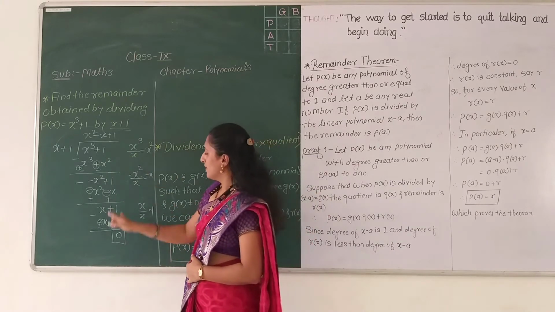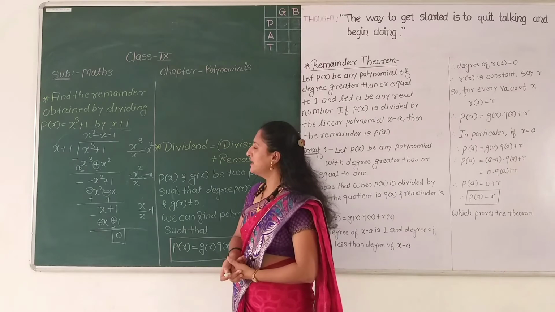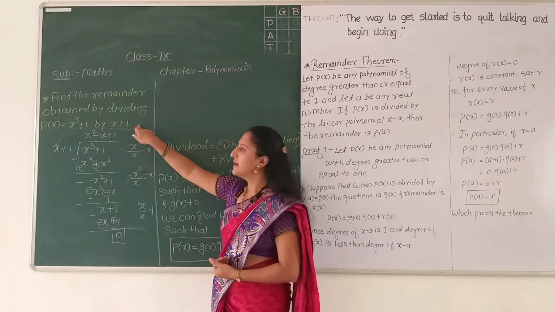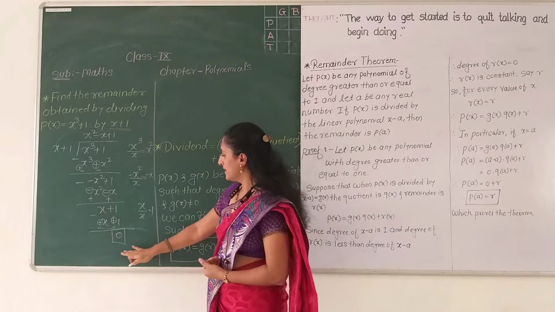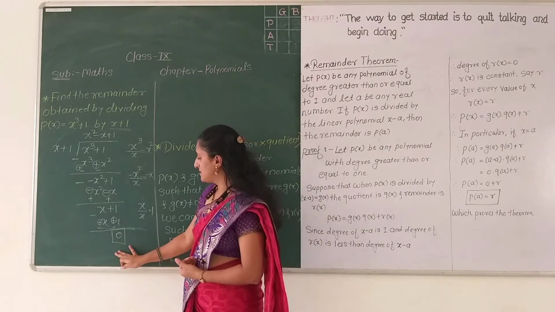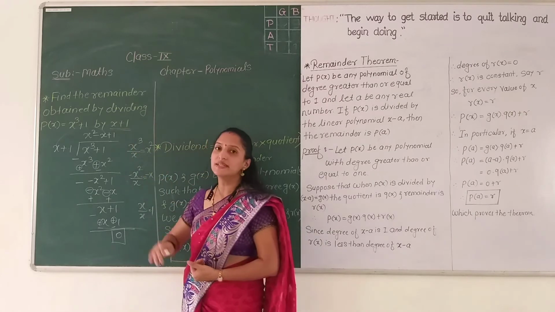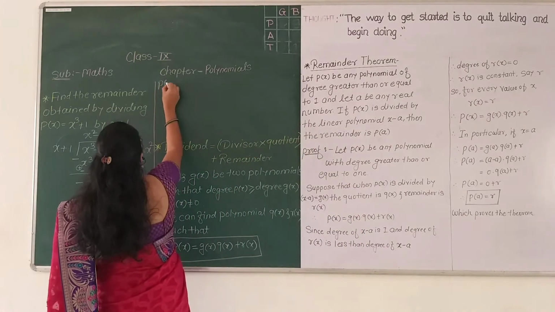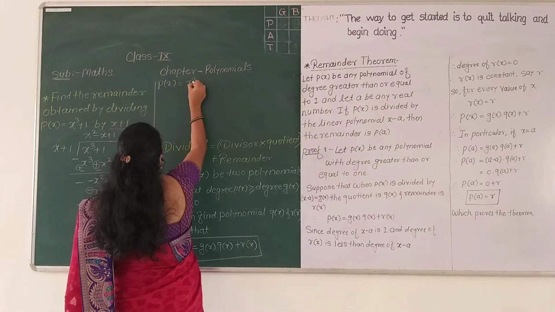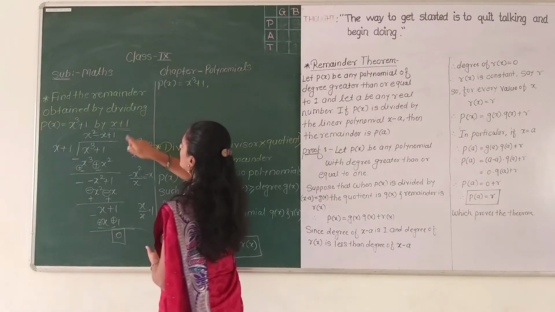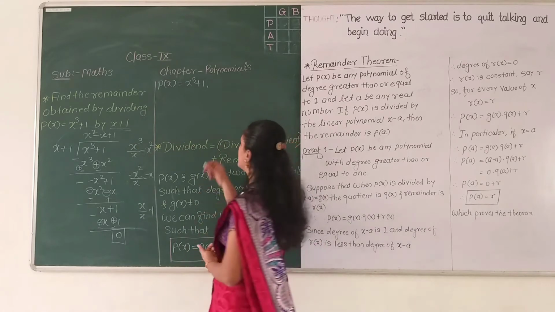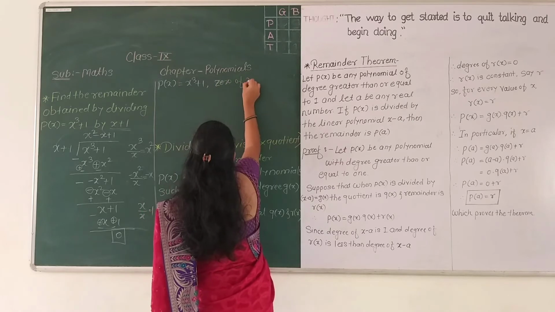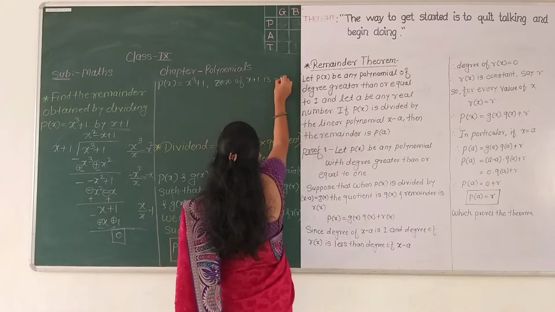So here we can find the remainder by using the zero of the divisor. Let us look here. Our polynomial p of x is equal to x cube plus 1. And now tell me, what is the zero of x plus 1? The zero of x plus 1 is negative 1.